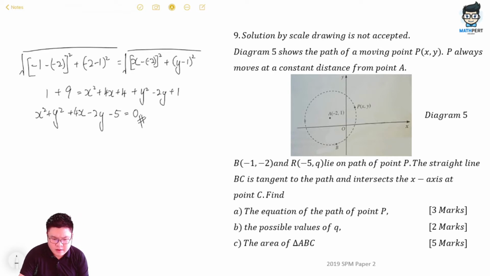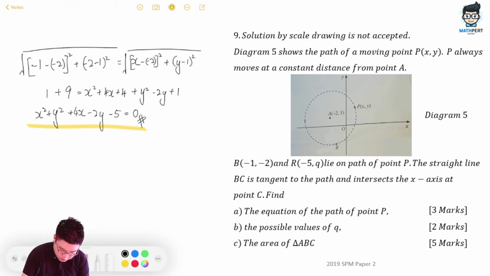Second part. Find the possible values of Q. Q lies on the path of P as well. So that means we can substitute -5 into x and Q into y in this equation.